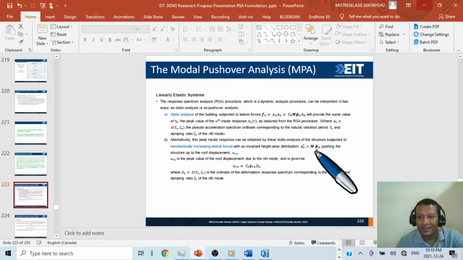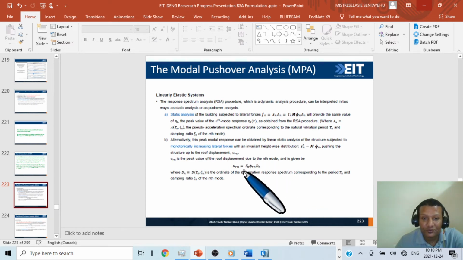This is the point: m times phi n, pushing the structure up to the roof displacement URN, because we have a target displacement. URN is the peak value of the roof displacement due to the nth mode, given by mass participation factor, phi, modal shape, and Dn.